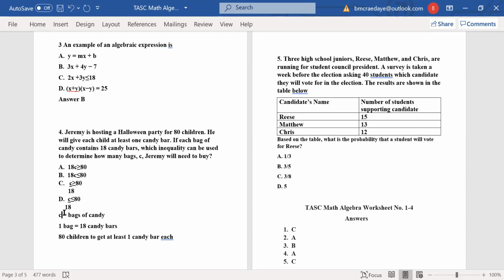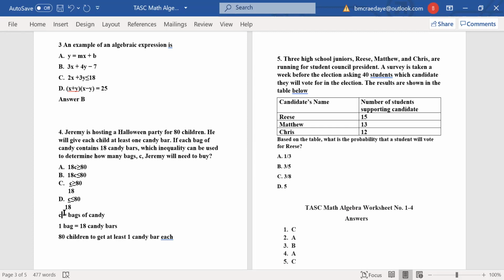No, at least means greater than or equal. Greater than or equal. Oh, I see. Vanessa, you got it figured out? Could it be A?